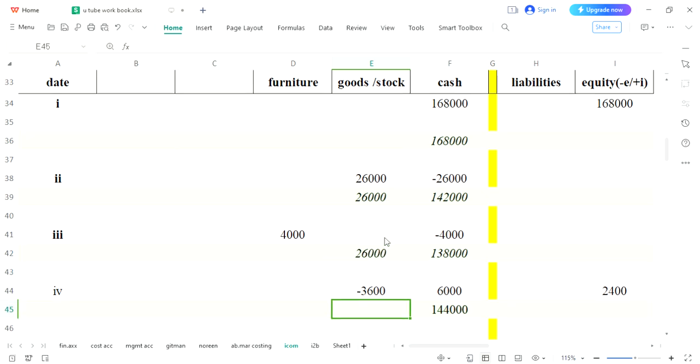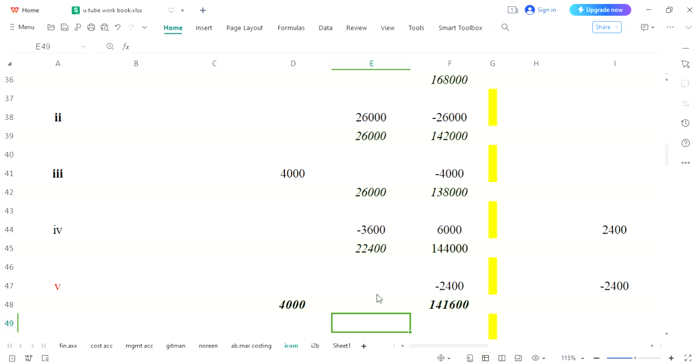Next, this 3,600 has a sign of minus. So what you will do, 26,000 minus 3,600, you have got your answer 22,400. And again, nothing is present in between, so same amount you will be posting over here. So 3 columns total has been calculated.